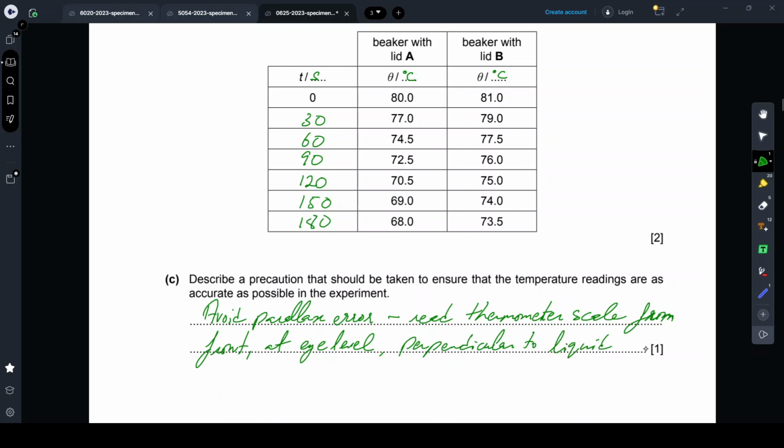So this is what would get you your mark. Just saying avoiding the parallax error is not good enough because that's too common a statement.